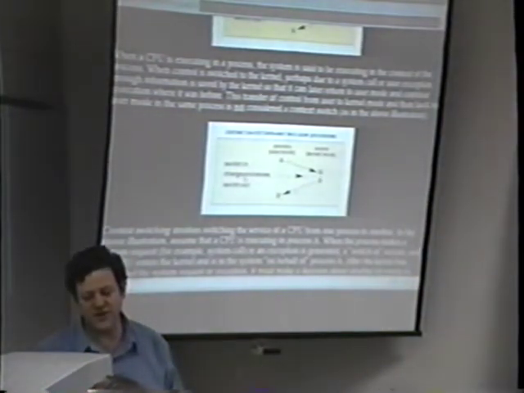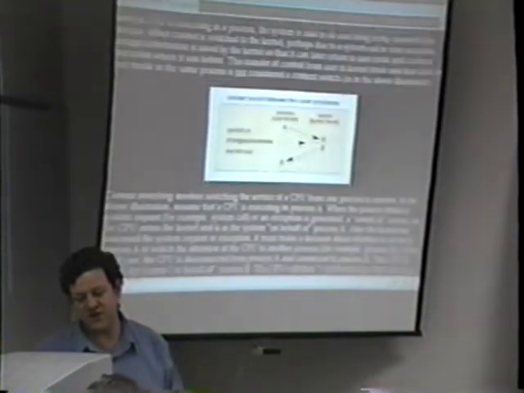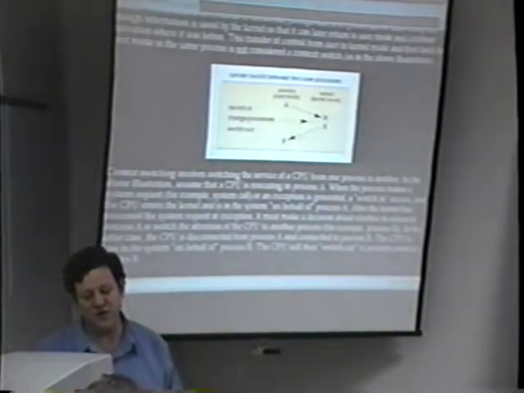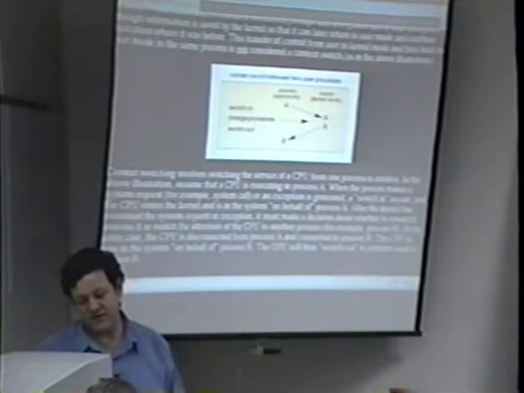So in the meantime, it looks like they changed processes and actually ran B and connected B to that particular CPU. So context switches involve the switching of a process from one CPU to another.